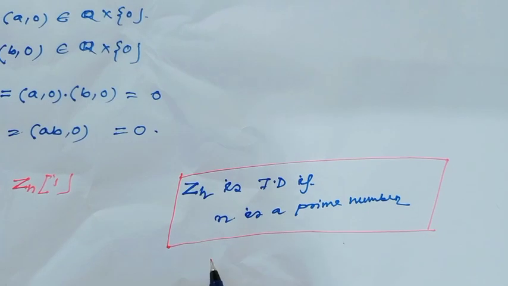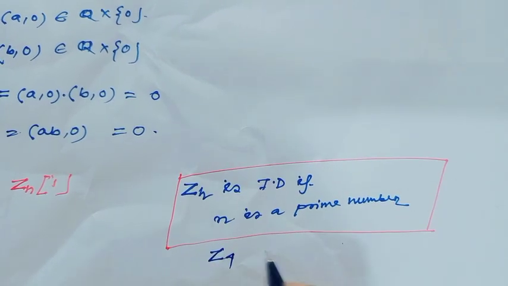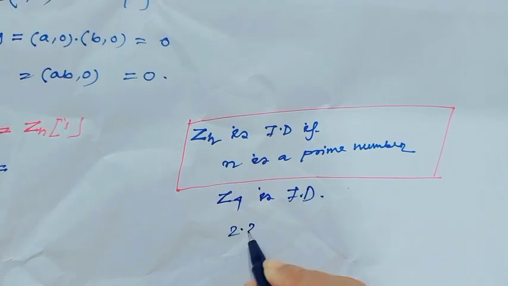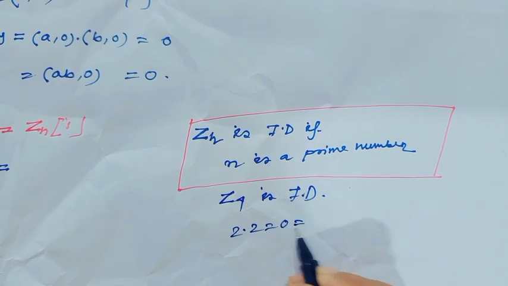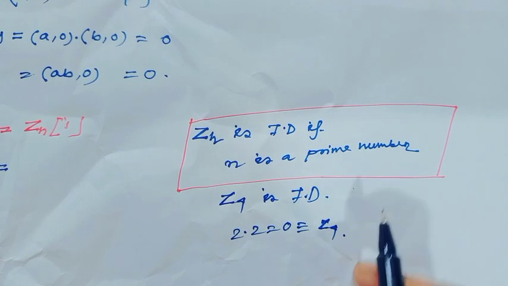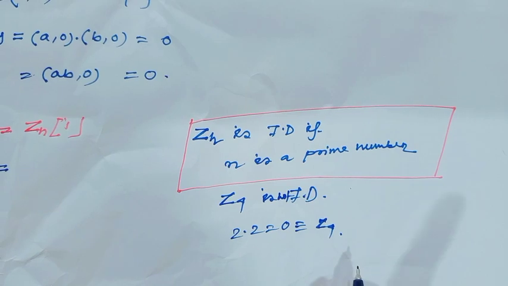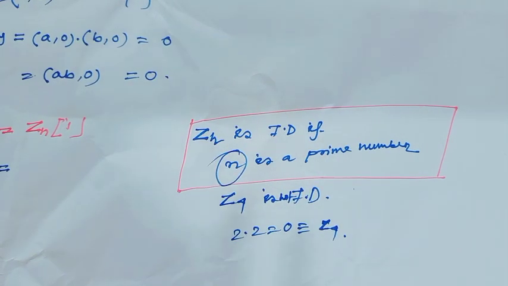We all know Z4 is not an integral domain, because 2 times 2 equals 0 in Z4. So Z4 contains a divisor of 0. So only Zn is an integral domain when n is a prime number.